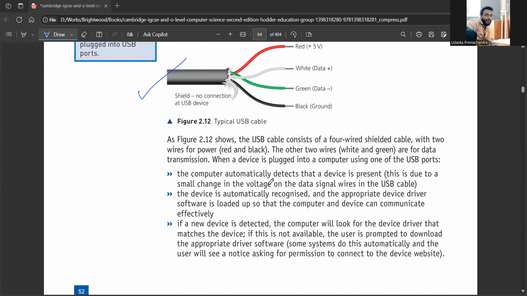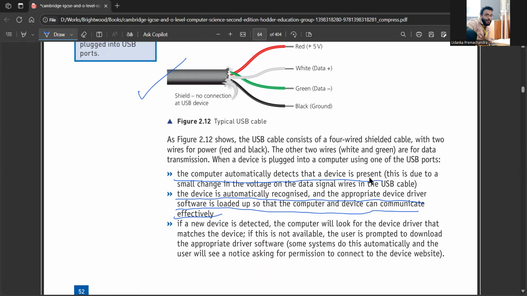According to that, when a device is plugged into the computer using USB, the computer automatically detects that the device is present. The device is also automatically recognized, the appropriate device driver software is loaded onto the computer, and the device can communicate effectively.